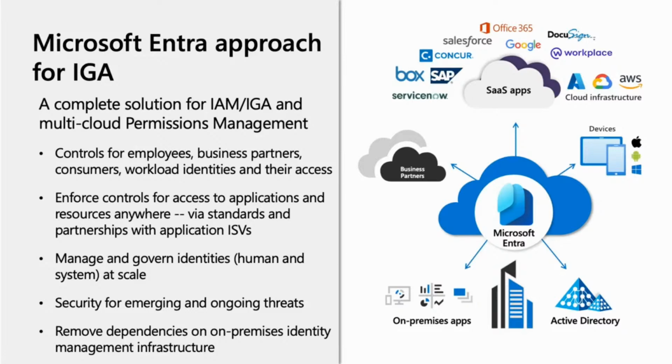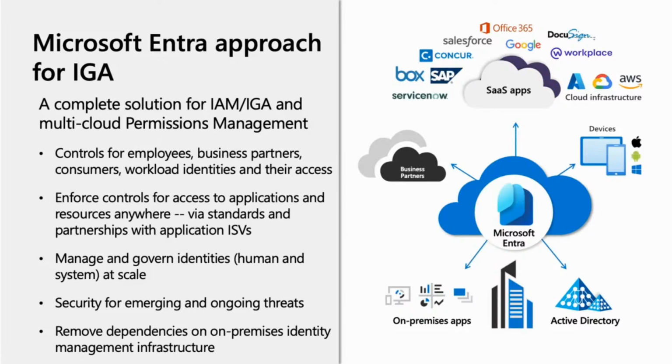And we do that via standards as well as partnerships with application ISVs. We want to manage and govern those identities at scale, and not just human identities, but also, like I mentioned a bit earlier, those workload identities and system identities. While we're doing all that, of course, it needs to be secure, not only for ongoing threats, but also for any emerging threats.